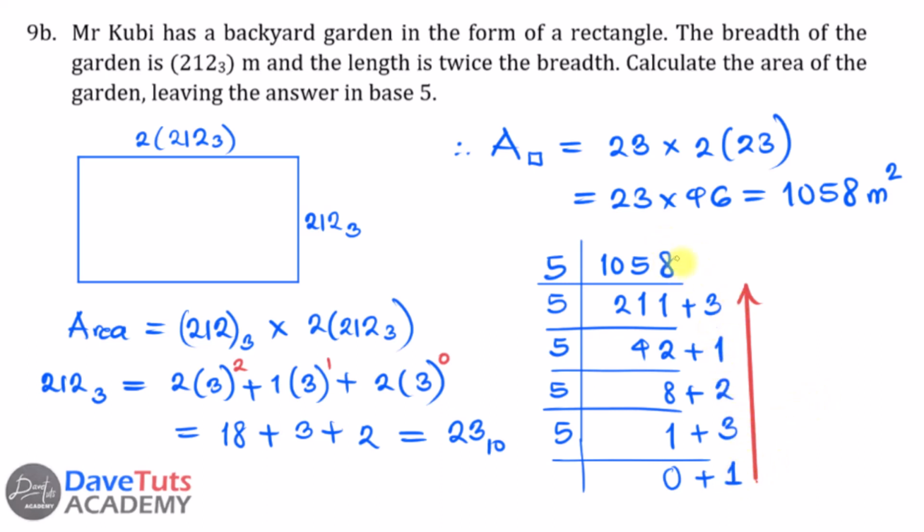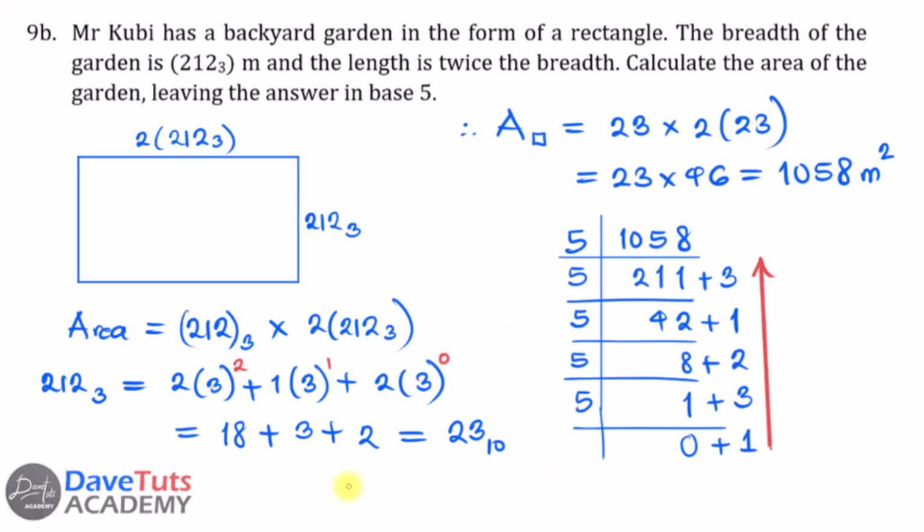Let me move this a bit so that we have space to put my work. So my area is 1058 meters square in base 10, but in base 5 it will be 13213.